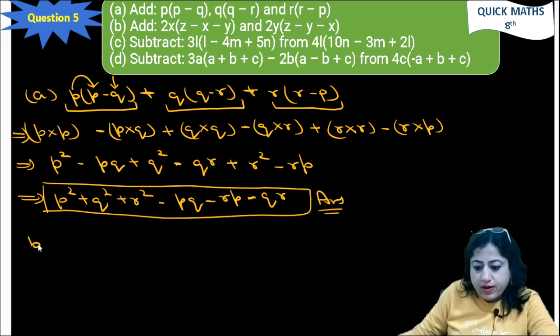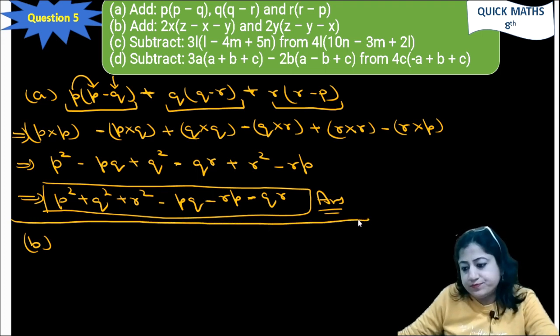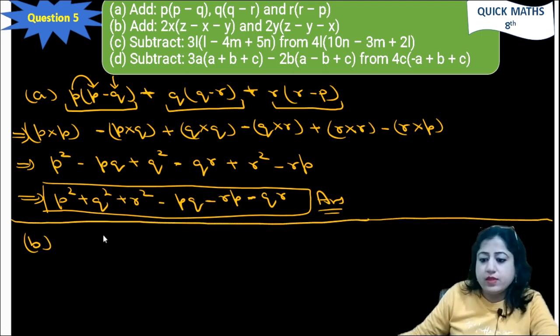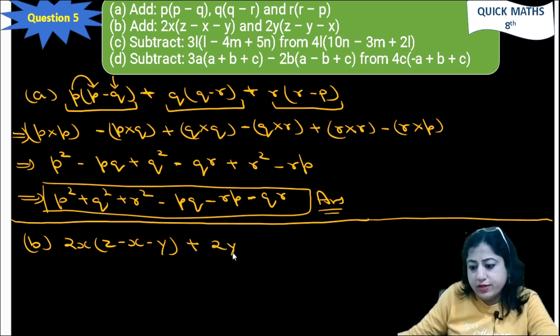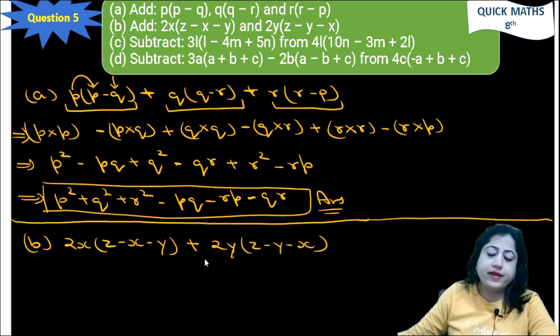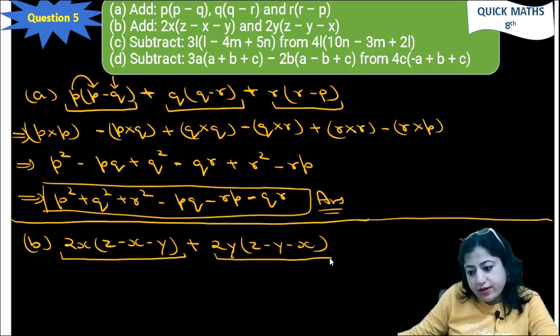Now come to the B part. Add 2x(z minus x minus y), and because it is a case of addition, I will write plus here 2y(z minus y and x). Now here we have two terms. The first term is this and the second term is this.